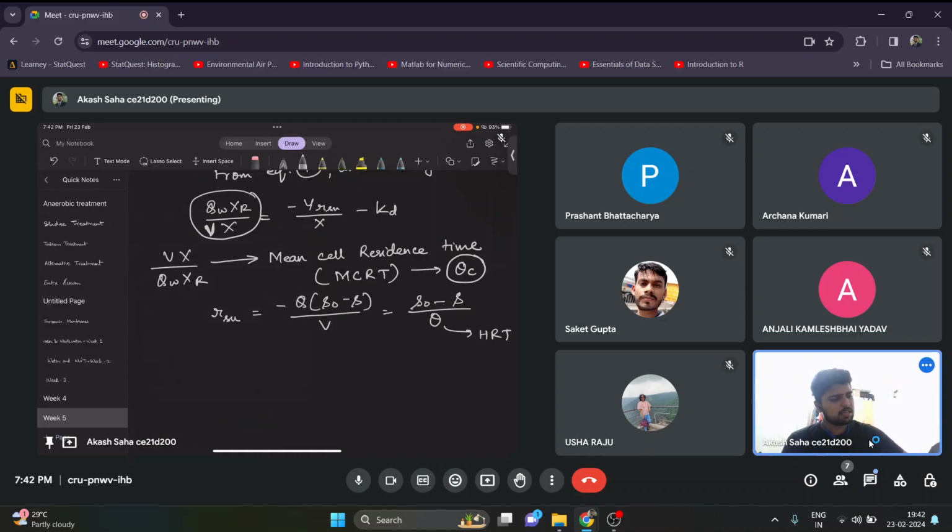So again, let this be my eighth equation. So substituting my theta c in equation 8, I will just write it as 1 by theta c is equal to minus y into RSU by x minus kd.